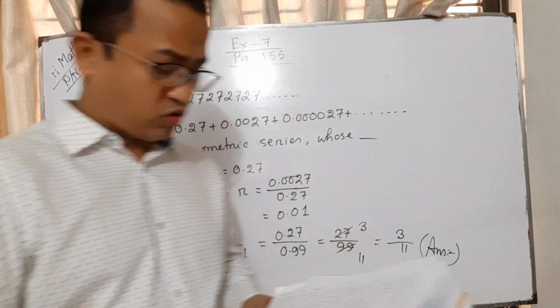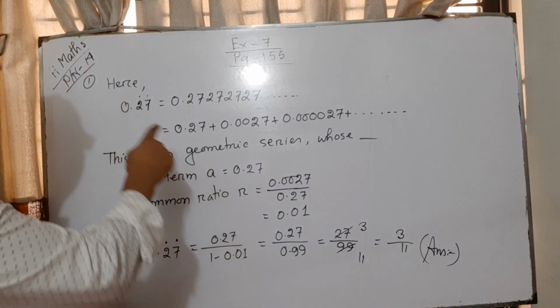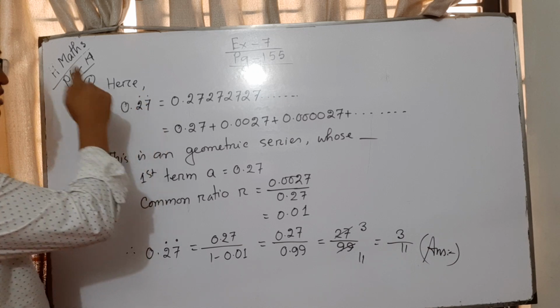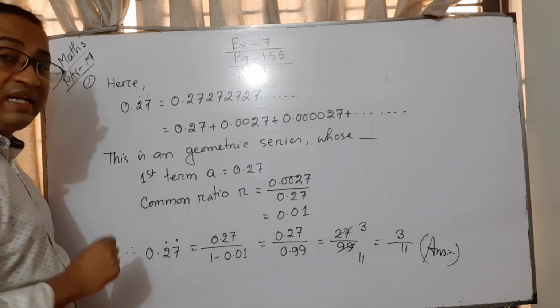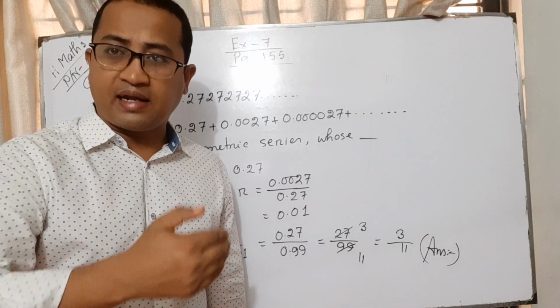Look at the board. Question number 1, 0.27, with a dot above the 2 and the 7. This is called a repeating decimal, because the dots indicate that 2 and 7 repeat again and again.